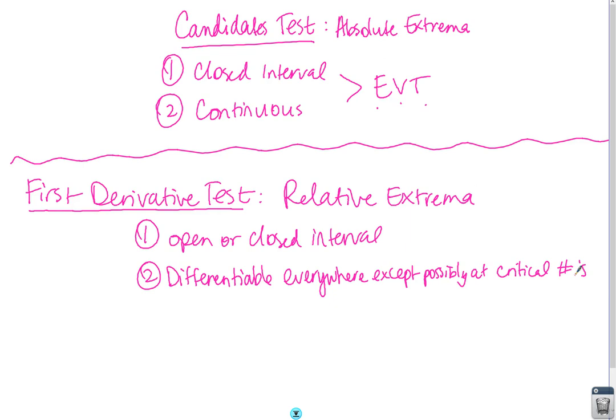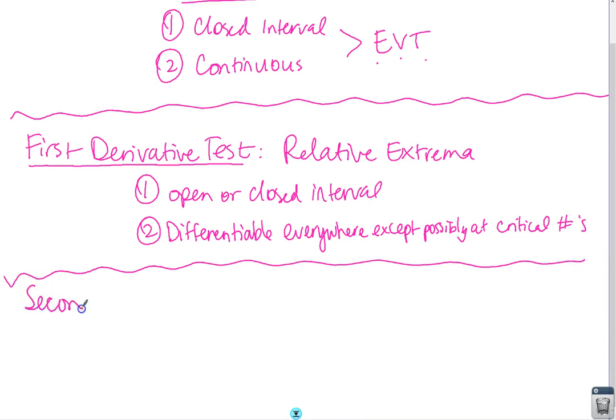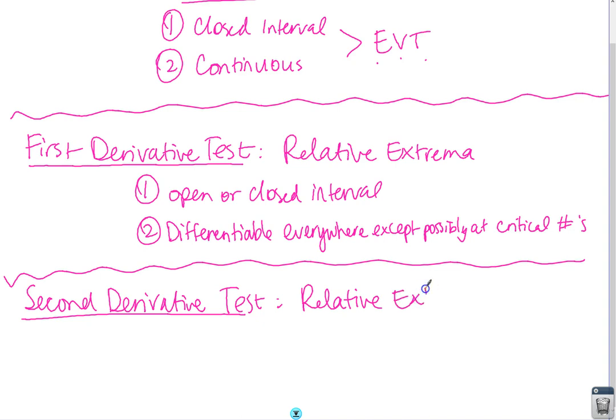Next, your second derivative test. Again, it is to determine relative extrema.